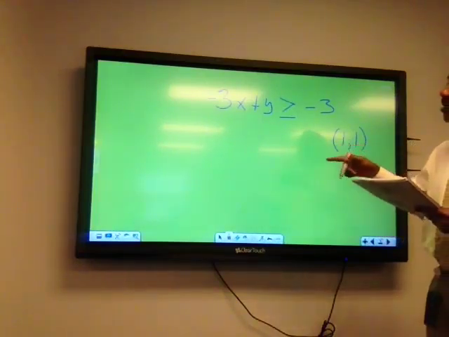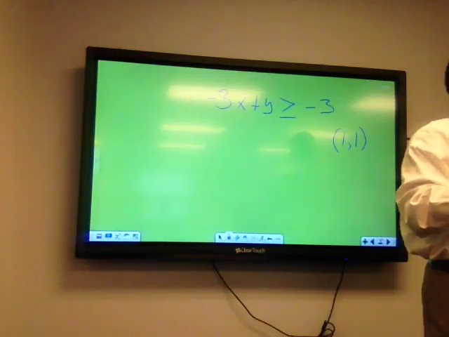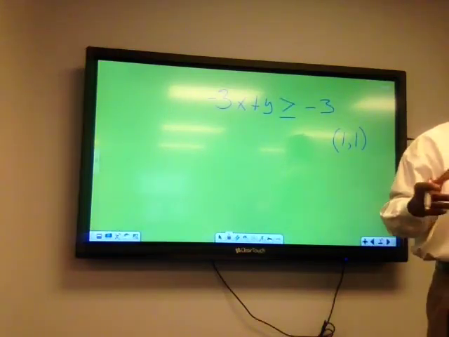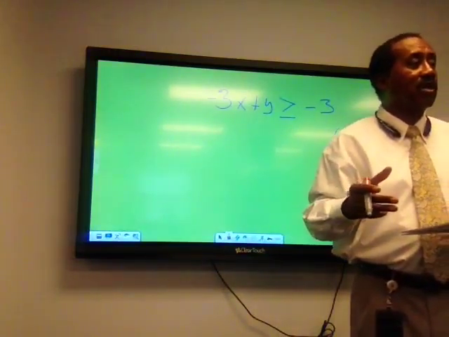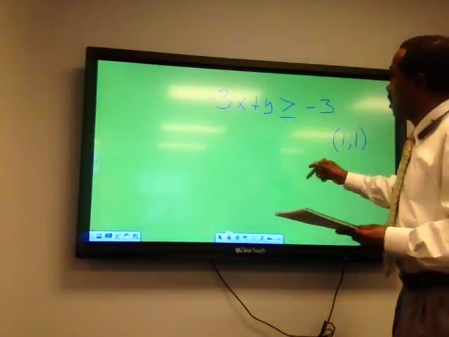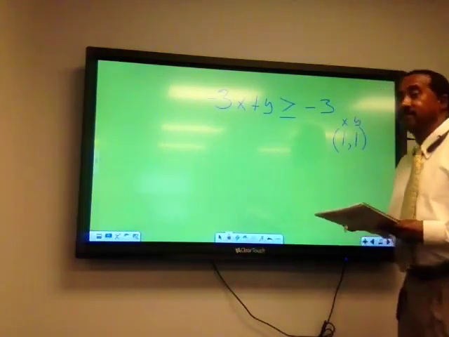So I see you guys did a lot of work, which is good. A lot of you changed it into slope-intercept form. You drew number lines. But let me tell you something: the quickest way between 2 points is a straight line. So I have an x and I have a y.